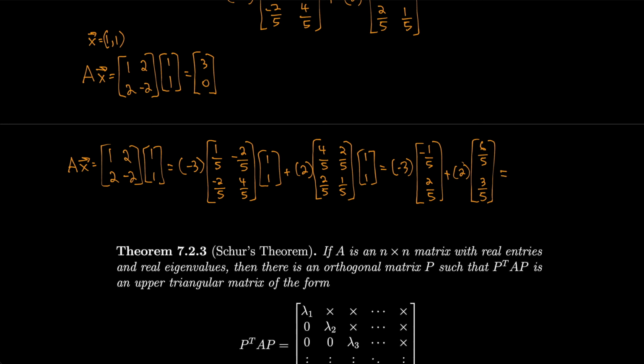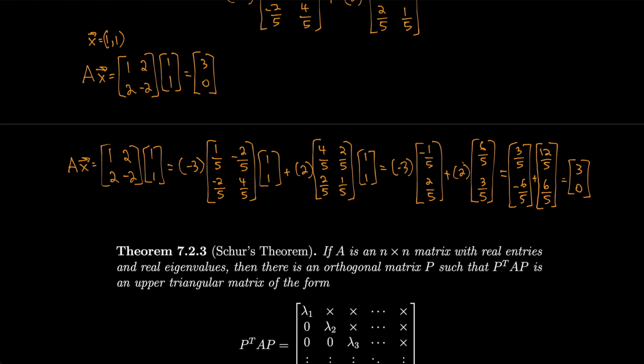Then if we scale them by the eigenvalues minus 3 and 2, we get (3/5, -6/5) and (12/5, 6/5), and we add those guys up, and we get (3, 0).